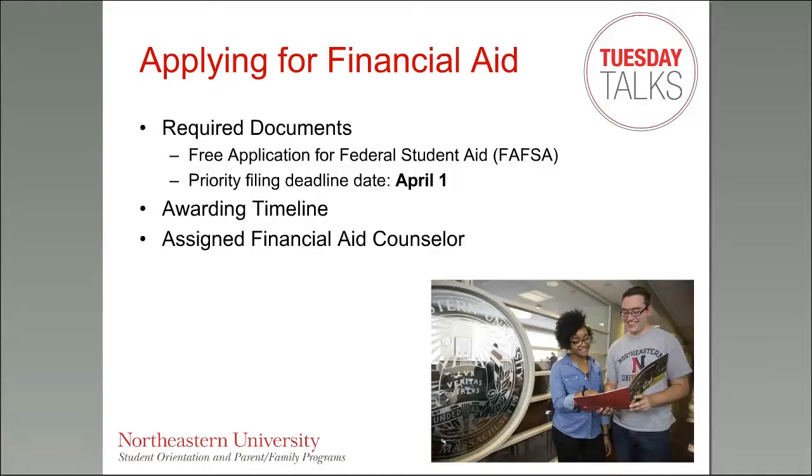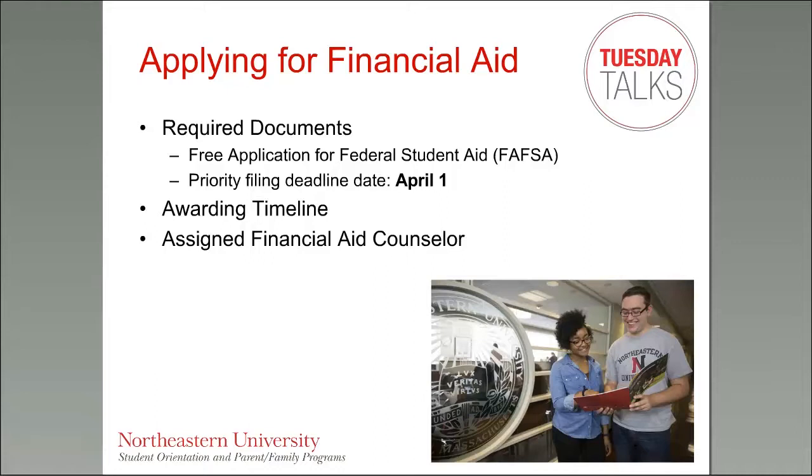The FAFSA for the 2018-19 year is available now. It went live October 1st. However, our priority filing deadline is not until April 1st. But we do recommend that you go online and fill out the FAFSA as soon as you can, because that is just one less thing to worry about.